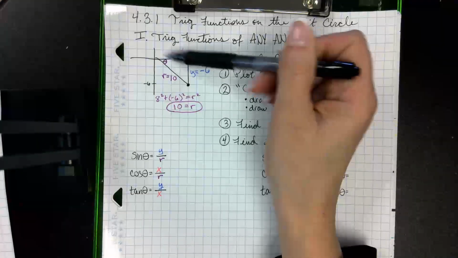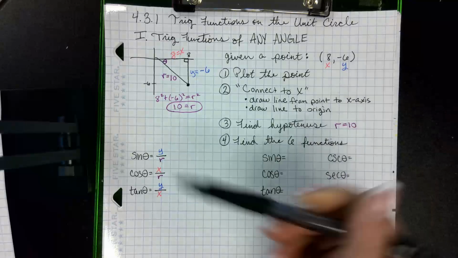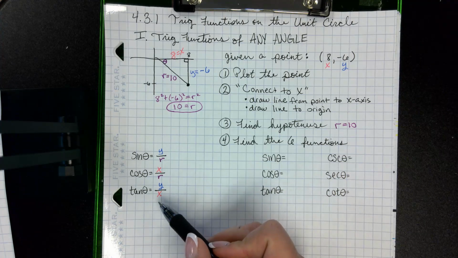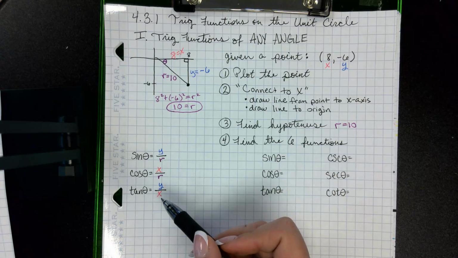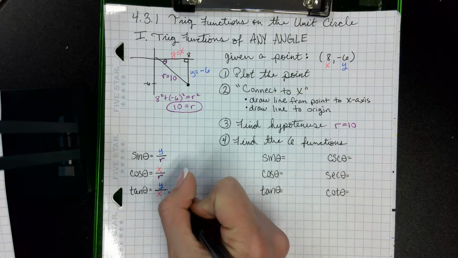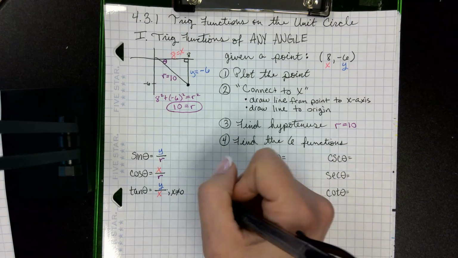That just means it doesn't go left or right, it would just go up or down. So if x is 0, and we put a 0 in the denominator, then we break one of the cardinal rules of math: you cannot divide by 0. So we need a little extra rule here for tangent, that x may not equal 0. Because if x equals 0, then the tangent does not exist, or it's undefined, which is a more proper way of saying that. So that's just a little extra piece.